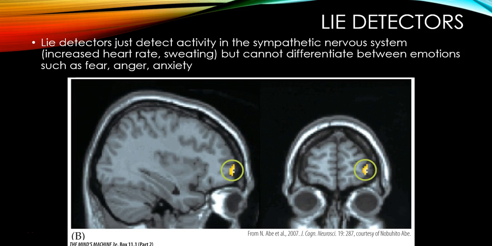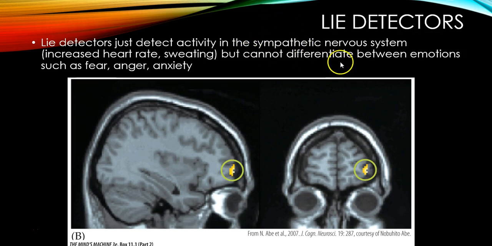This is why lie detectors are somewhat problematic, because lie detectors just detect activity in your sympathetic nervous system. You're all hooked up and they look at your heart rate and your breathing rate and your galvanic skin response, that's your sweating, and it's basically measuring your activation of your sympathetic nervous system.